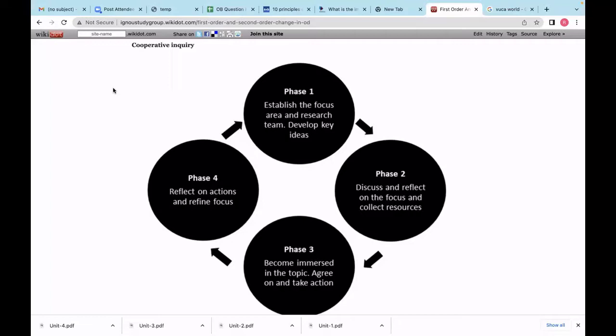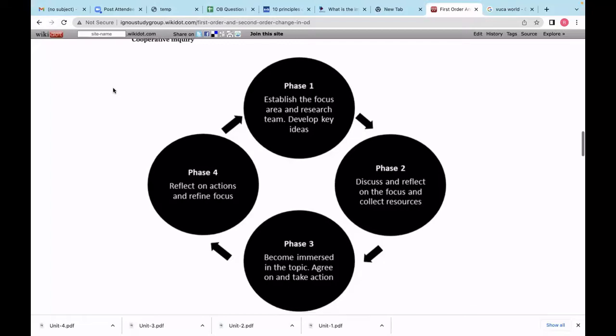That means you are now agreeing, oh yeah, I need to do these things, I need to take action, or I don't have to take action. And what actions I need to take. Now in the 4th phase, I'm going to reflect on the results, whatever actions I took, how it transformed, and whether I have to change again. These are the 4 phases that cooperative inquiry talks about.